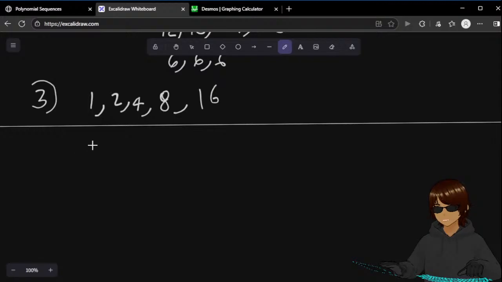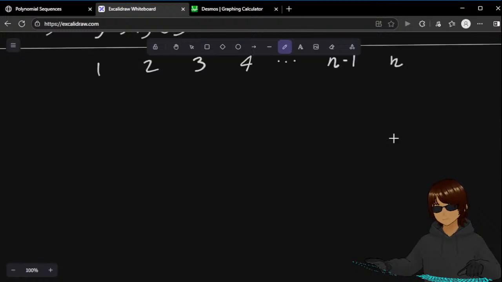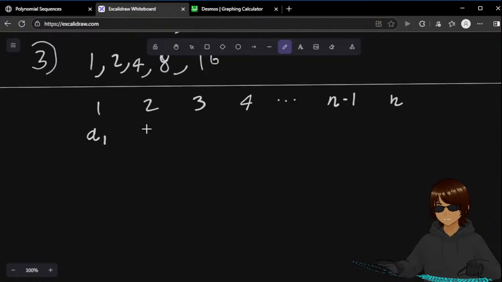So the first term is a, and then a plus d1, a plus d2, a plus d3.